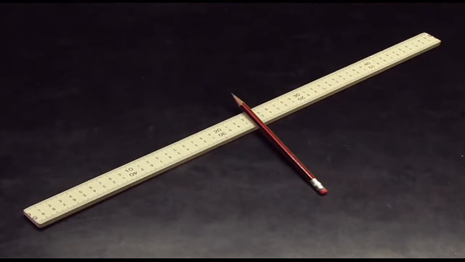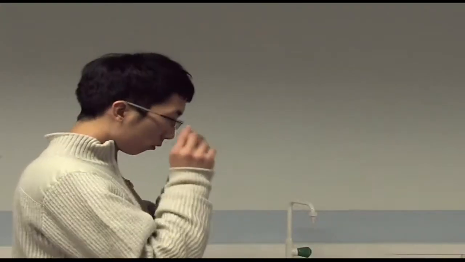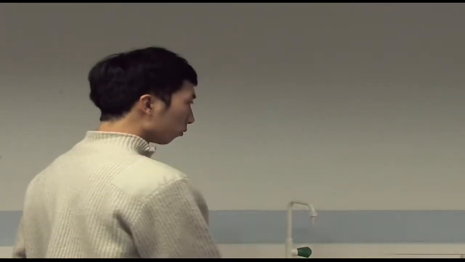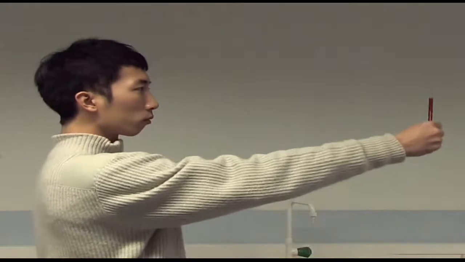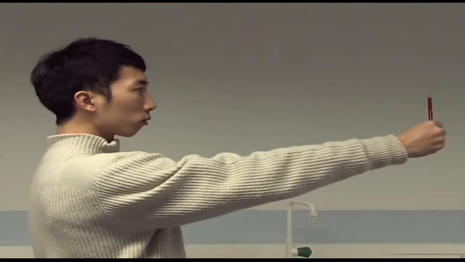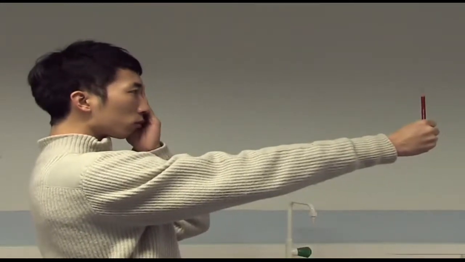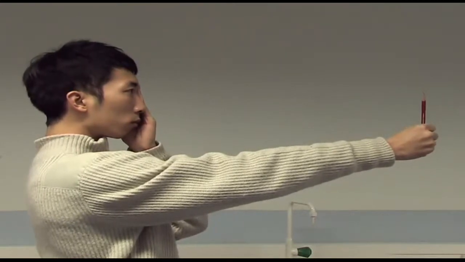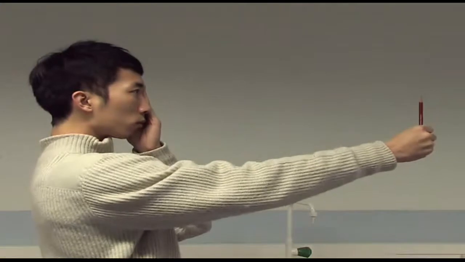In this experiment, you can simply find the near points of your eyes using a pencil and a ruler. Firstly, take off your glasses if you wear any. Hold a pencil upright in front of your right eye at arm's length and keep your left eye shut. Focus on the tip of the pencil. You should be able to see it clearly.